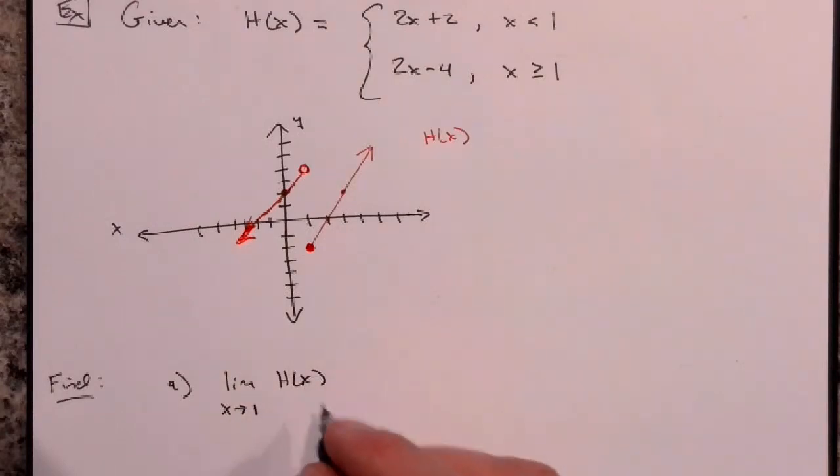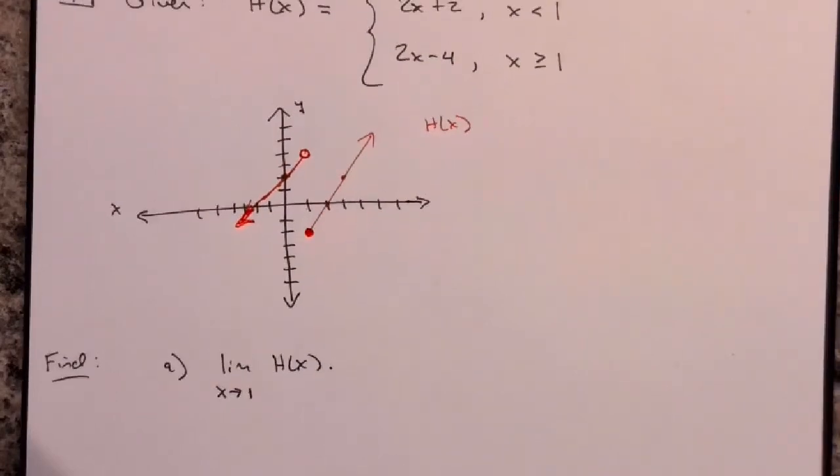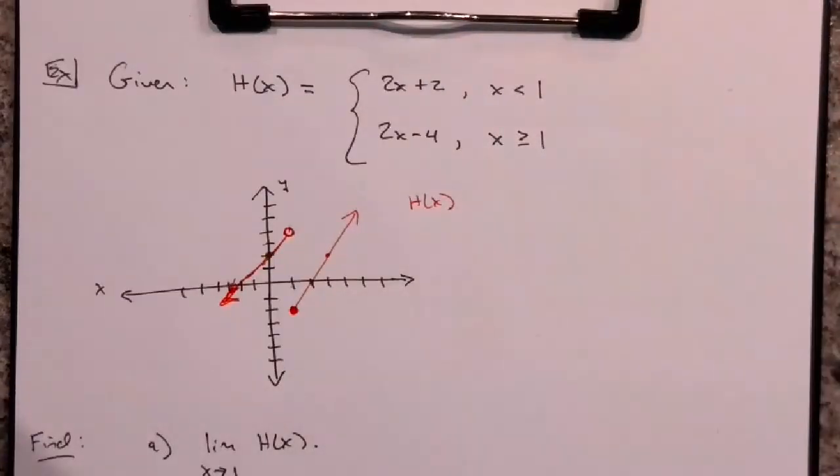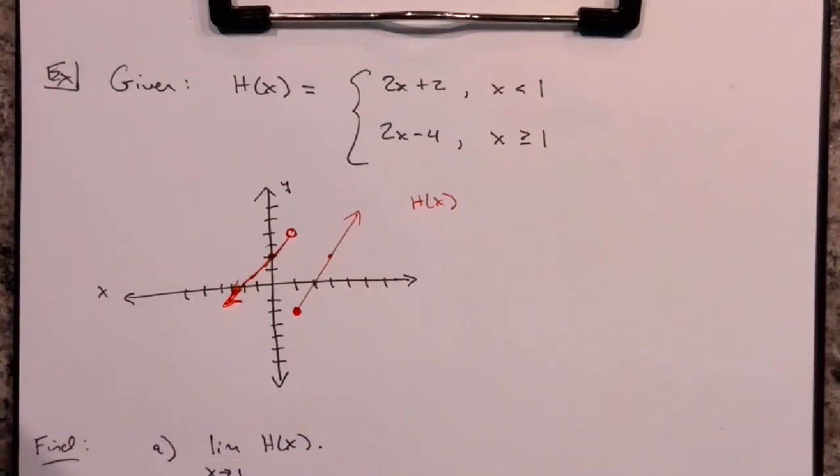of h of x. Now, when I ask you to find that, the first thing you should recognize is that I have to find the limit from the left and the limit from the right. From the graph, you can kind of see what's happening, but you could also do this algebraically. Sometimes they won't even give you the picture. They'll just ask you to find the limit just with the function. So even if we didn't know the picture, if I'm looking for the limit as x approaches 1 of h of x, I'm looking for two things.